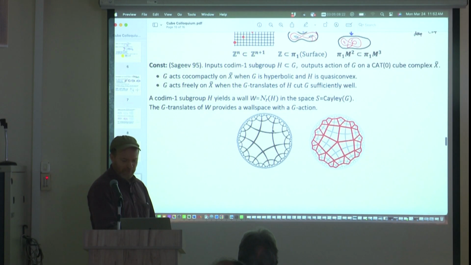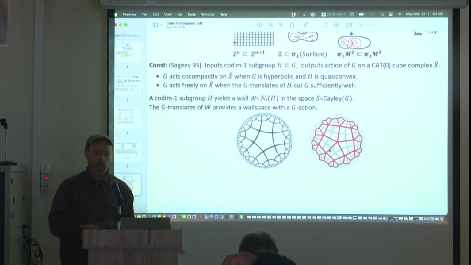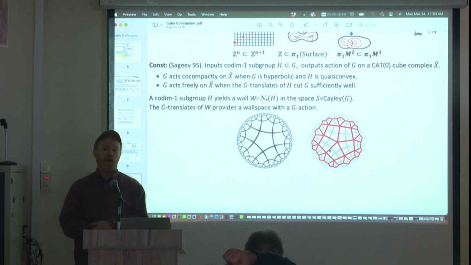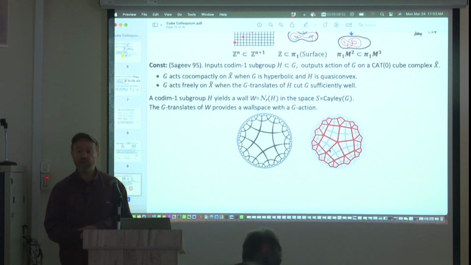And here's a simple example to have in mind. For a surface group, you get a wall, one of these black walls over here, and the group is acting on the dual cube complex, right? So you got a wall, you look at all of its translates, you get the group acting on a cube complex. This is the vehicle that we will use to get us from a group to a cube complex.